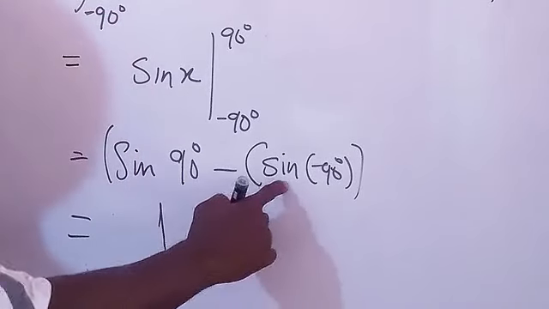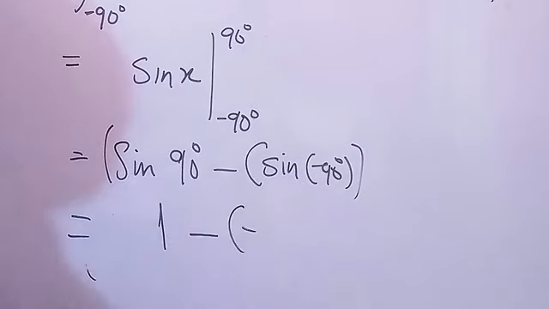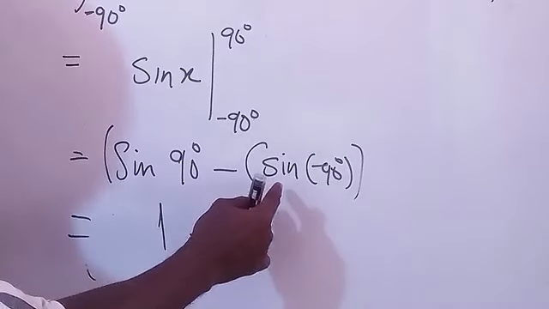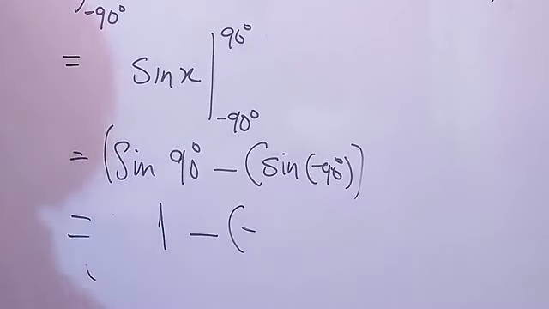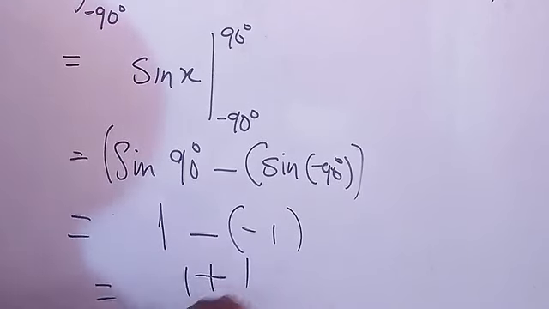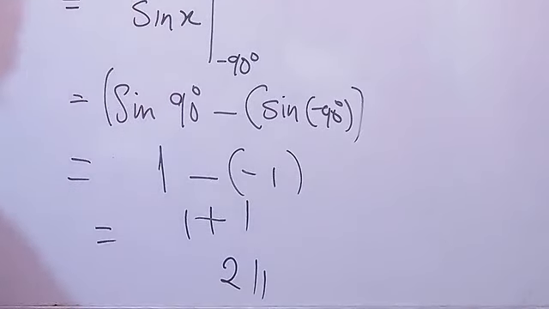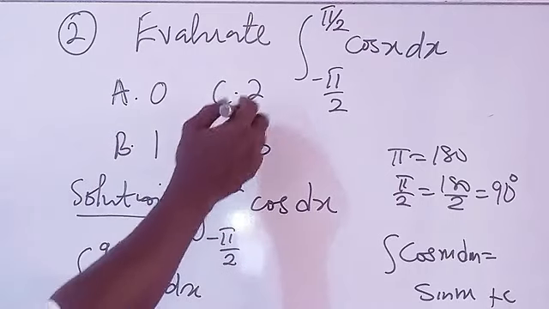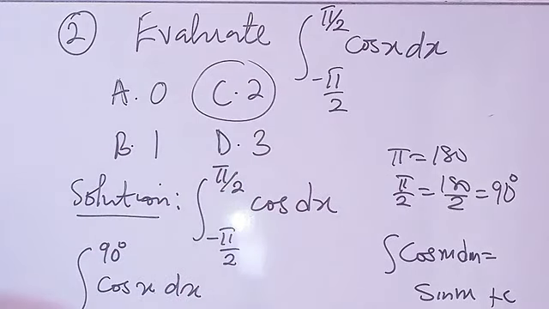Sine of minus 90 degrees will also give you minus 1. So we have 1 minus minus 1, which is 1 plus 1, and that gives us 2. So the solution is 2. Looking at the options, option C is the solution.